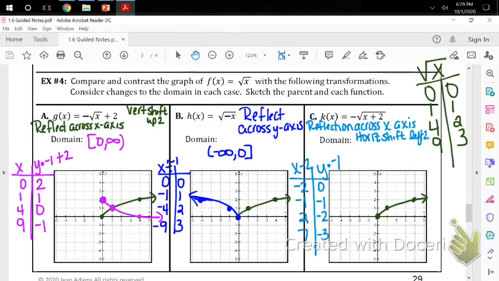And then we're just going to plot our points. And then check it. Did we reflect across the x-axis? We did. And did we shift to the left 2? We did. So there is our graph.